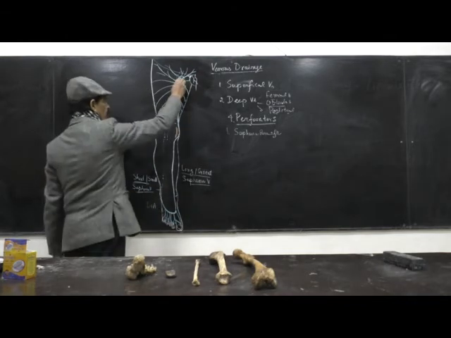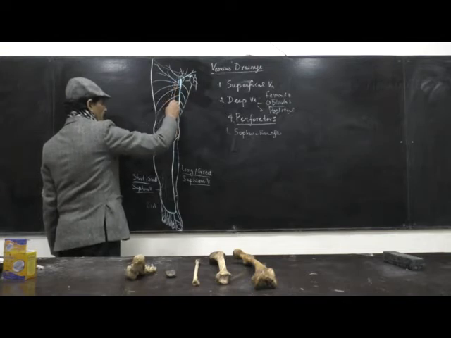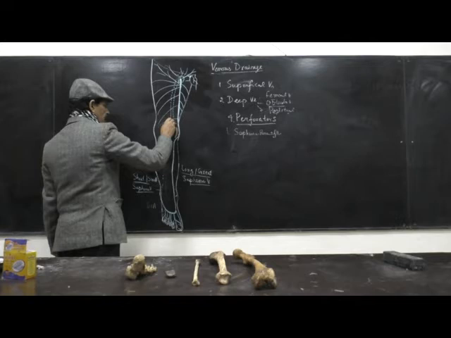As we know, the femoral vein is the deep vein lying below the deep fascia of the thigh. Through the hiatus magnus, it passes into the popliteal fossa, and there it is called the popliteal vein.